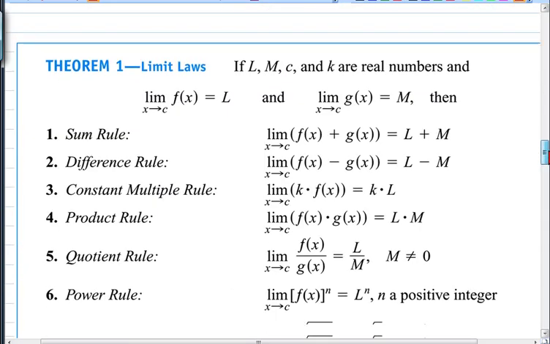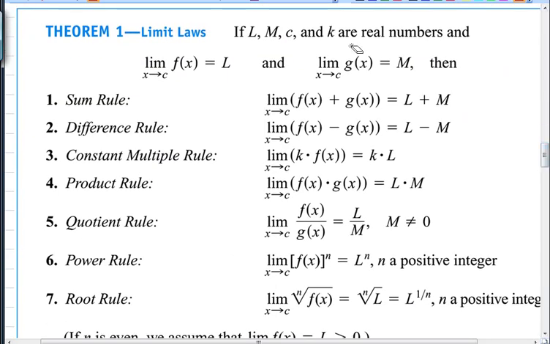Theorem 1 are the limit laws. If L, M, c, and k are real numbers, and if the limit as x approaches c of f of x is equal to L, and the limit as x approaches c of g of x is equal to M, then we have the following rules. The sum rules. Notice on both of these, what x is approaching is the same.